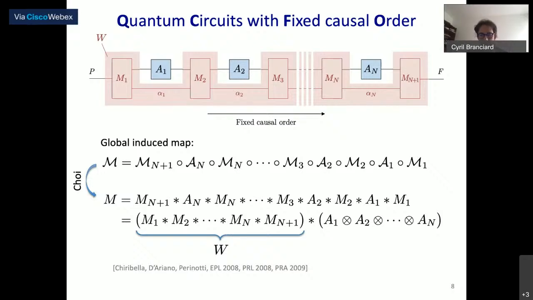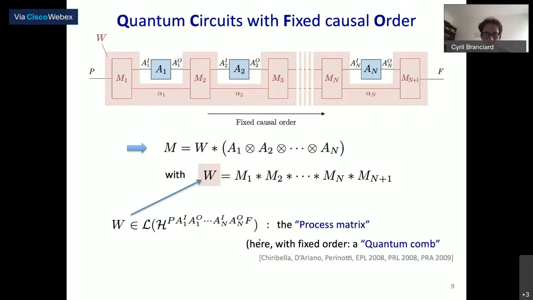You just reorder the terms, and here you separate the internal circuit operations from the external ones. So you get the global induced map M as a function of the product of all the operations that you plug in, and this term here, which we call W, which is what we call a process matrix.